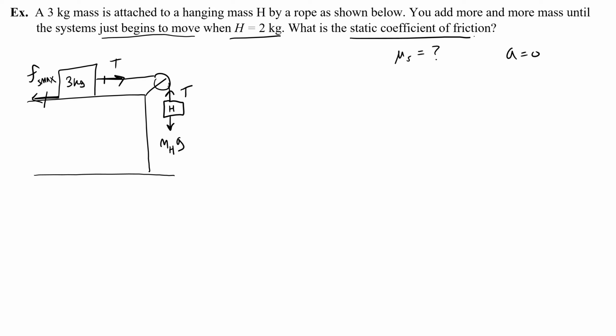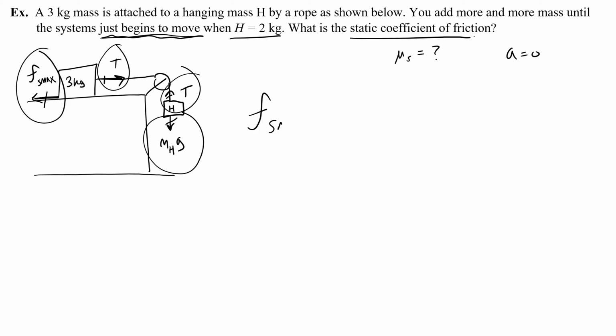At that last moment before it begins to move, the tension and the weight are equal. So basically, this is just a fancy way of saying F max equals tension, and tension equals the weight of the hanging mass. So the maximum static force of friction is equal to the mass of the hanging mass times the acceleration due to gravity, or the weight of that 2 kilograms.